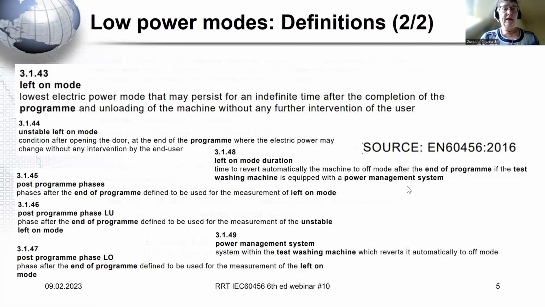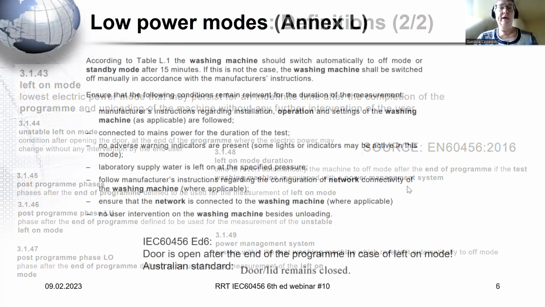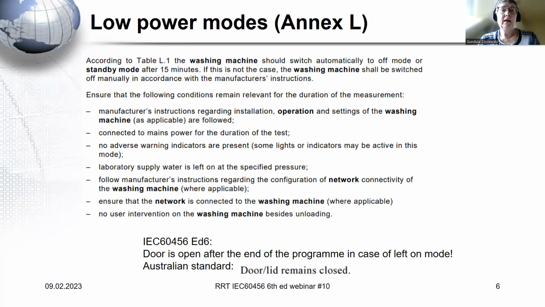So then on the next slide from Annex L, there is one essential hint. There is included in Annex L a table L1 that gives you clear instruction in which sequence you can test all the modes that were explained in the first part of the definitions, copied from the European standard of 2020.